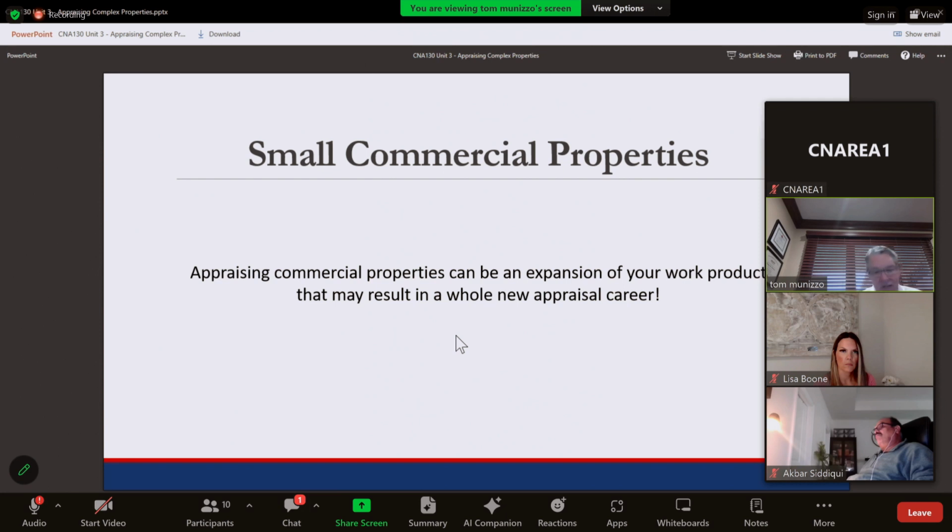Then you have appraisers who only do small commercial, just 6-unit, 10-unit, and 12-unit apartment buildings, or a small 5,000 square foot retail building. And then you have other appraisers who won't touch anything unless it's a high-rise building or a couple hundred thousand square foot industrial building. So there's a whole breakdown of commercial appraisers who specialize in one or the other.